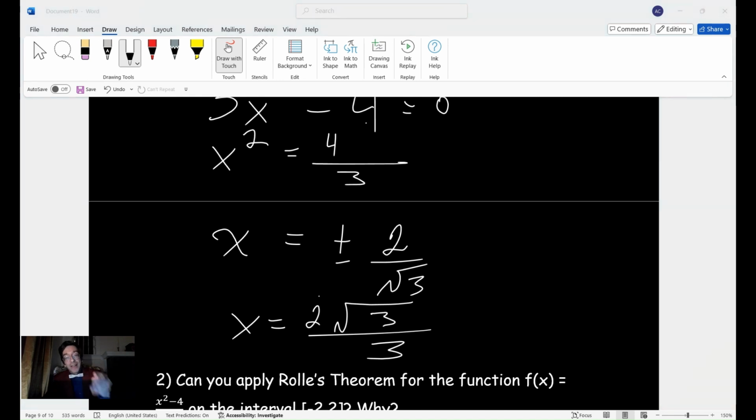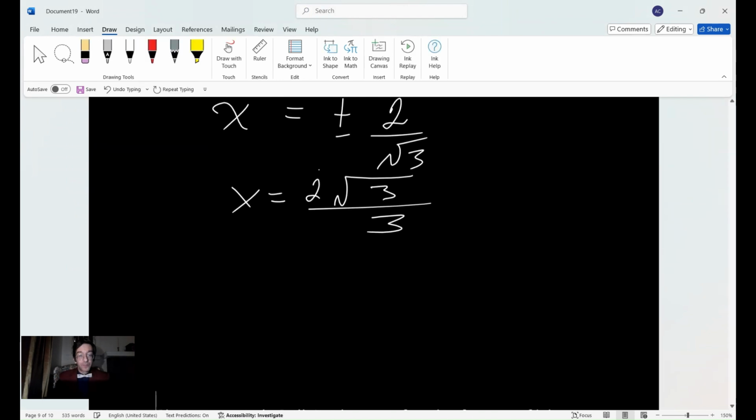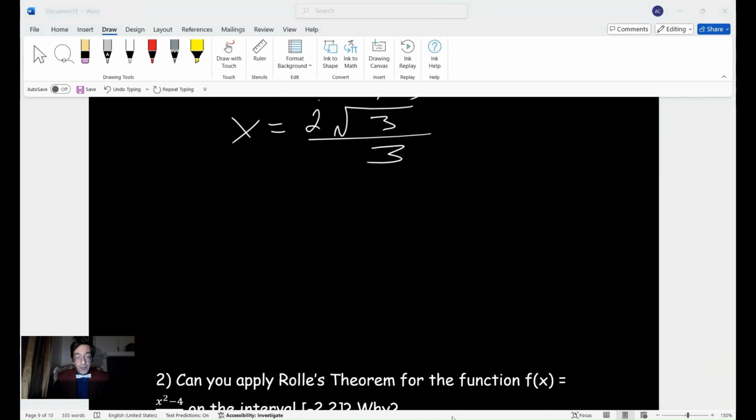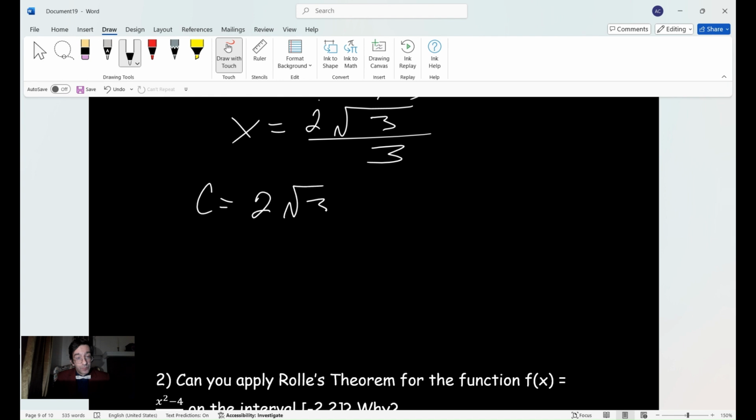So that means that the value here of c, f prime of c, equals 0 at this point, 2 radical 3 over 3. Right? So the formal way to write that would be c equals 2 radical 3 over 3, and that is an element of (0, 2).